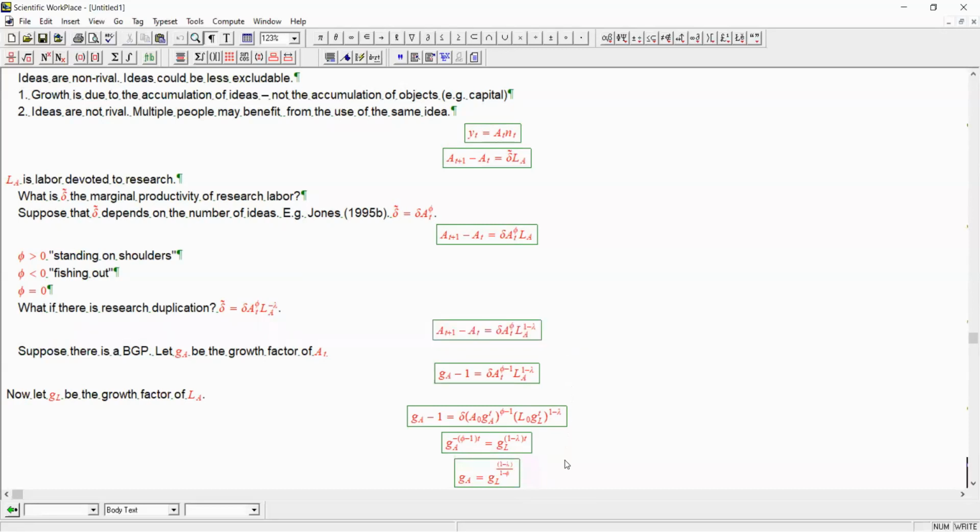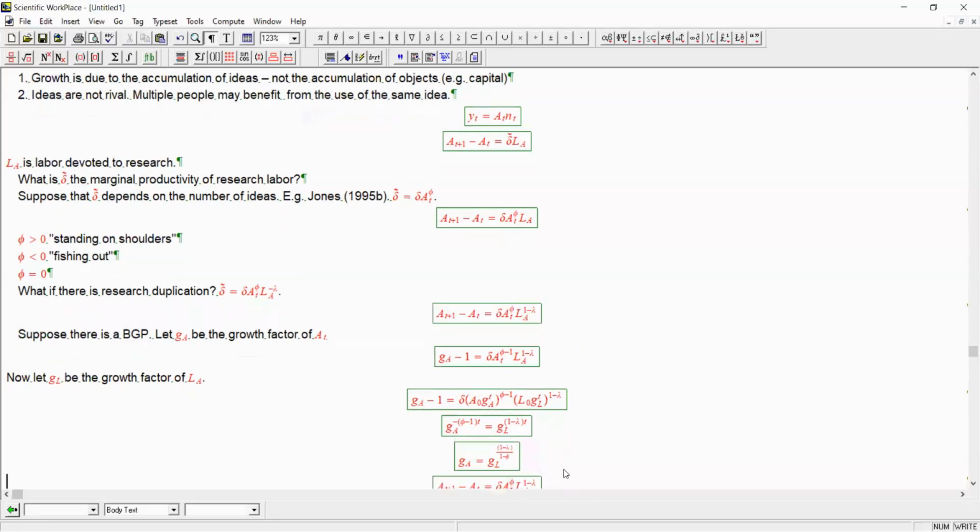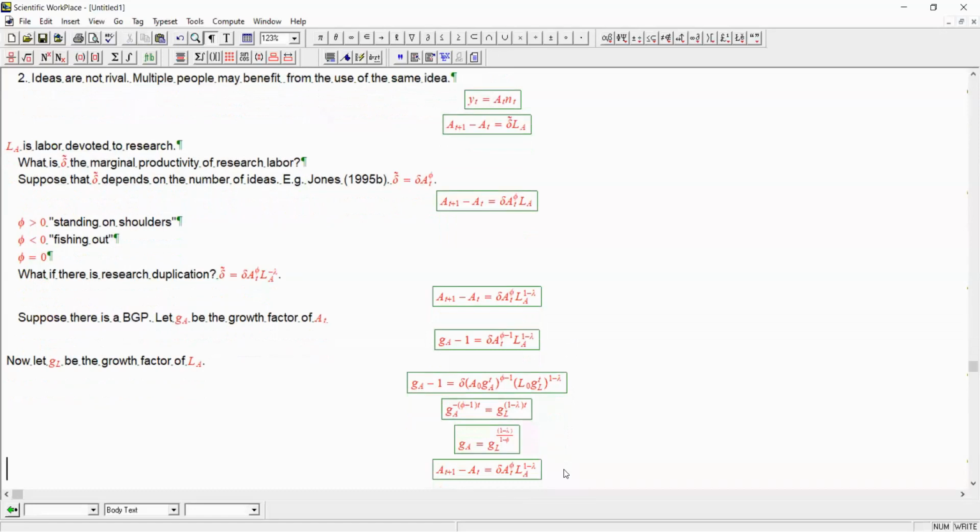Suppose we take this ideas production function, and now suppose there's a distinction between my knowledge and, let's call it, public knowledge. And let's say that public knowledge is A bar, T, and let's just say that it's the average.